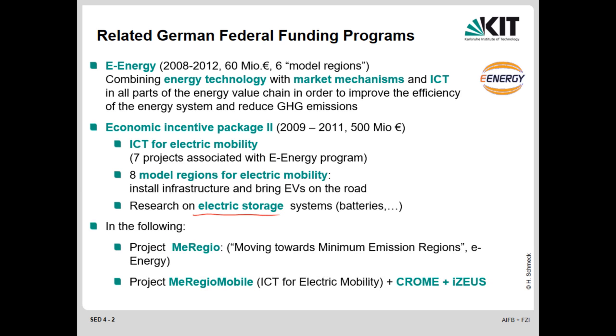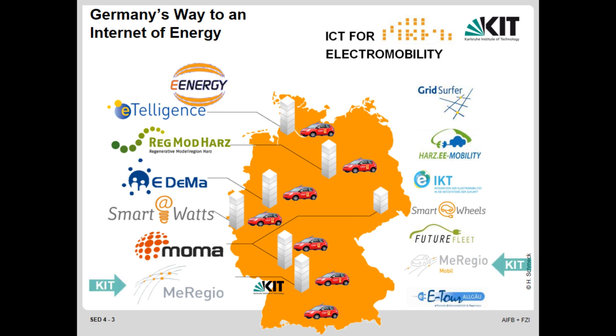And so we had these two projects, Meregio and Meregio Mobile, plus that, this was extended by Chrome and iTsois, and now grid control. And in this chapter, which is quite a long chapter, I will show you more about what kind of local energy management systems have been designed within the framework of these projects.